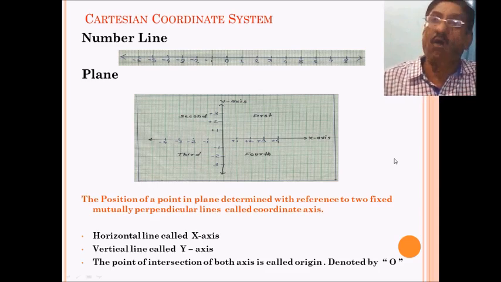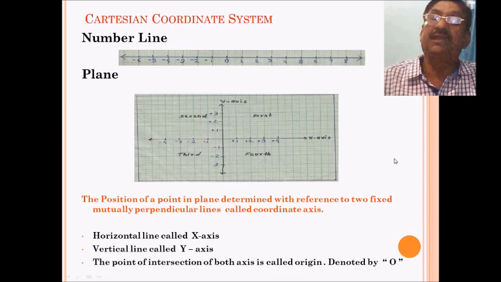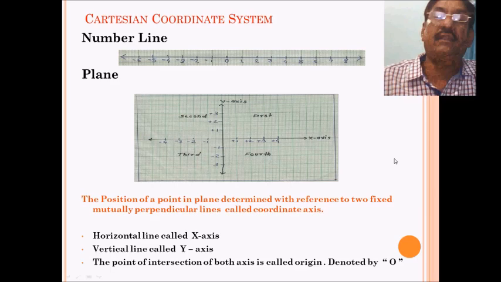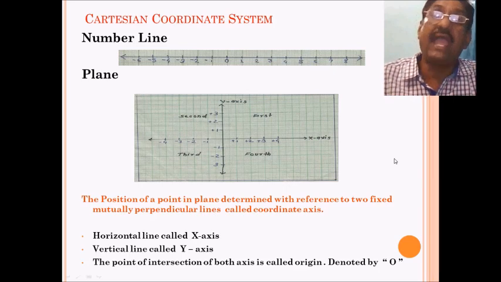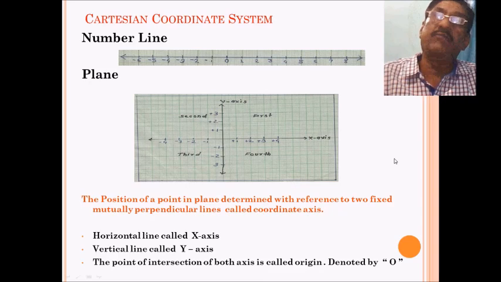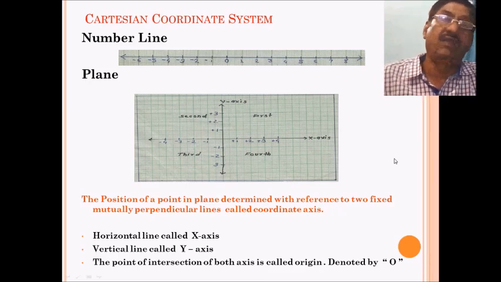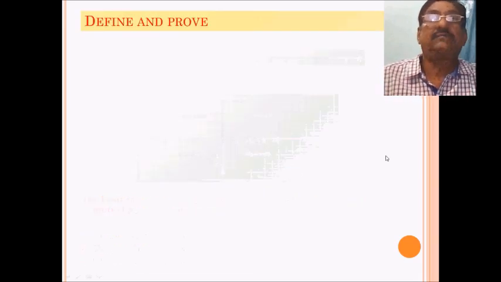That means how far it is from the x-axis and how far it is from the y-axis. To know the coordinates, we draw the perpendicular from the point P on the x-axis, and that number is called the x coordinate of that point. Now draw the perpendicular from that point on the y-axis. We will get the y coordinate of the point.